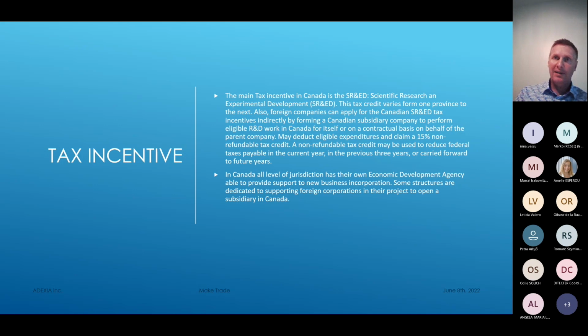Even if it's not a tax incentive or a tax break, those people will put a lot of resources on the table to attract your company if they believe it's a benefit for the province. So there is quite a lot of competition between the provinces when it's time to attract a company. So it's always a good idea to try to leverage that as much as possible.